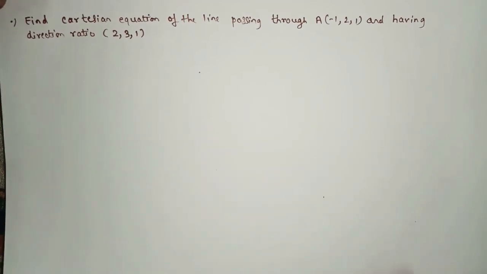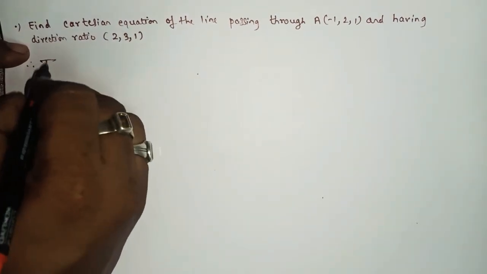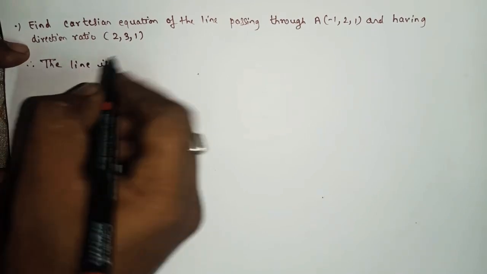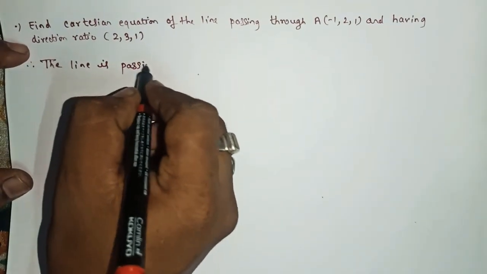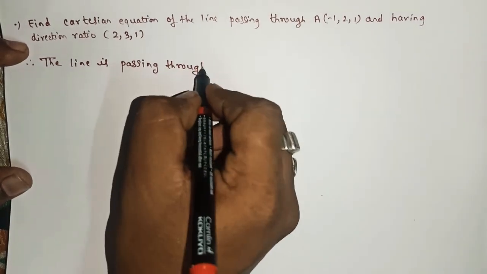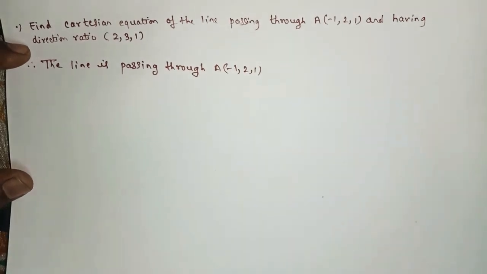Okay, so now you will write: the line is passing through A(-1, 2, 1).